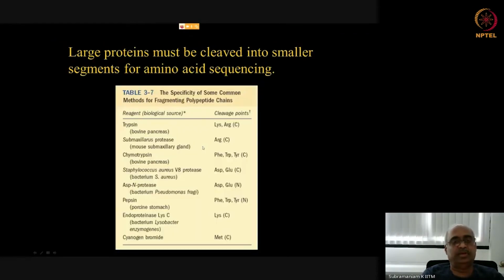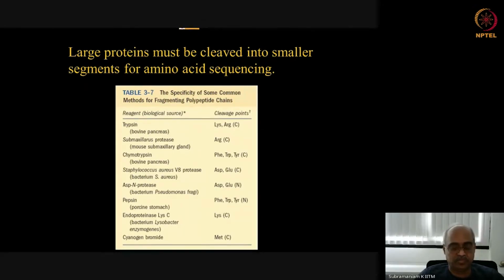And one other really important point is that an average protein is roughly about 300 amino acids. You are not going to be able to take a 300 amino acid polypeptide and keep cleaving one amino acid at a time from the N terminus up to the 300th amino acid, because each step in this reaction is not going to go to completion.